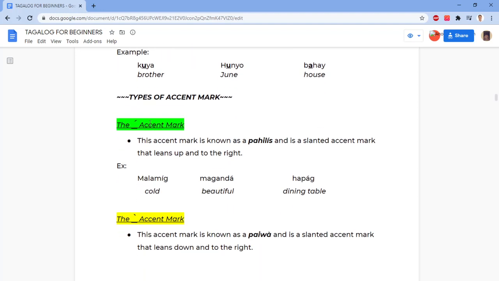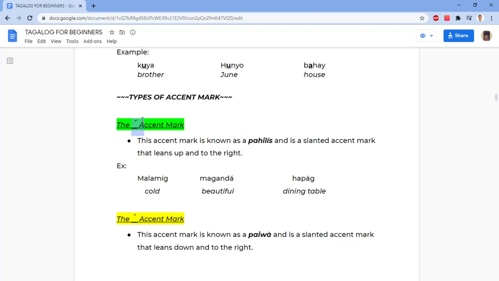Next are the types of accent marks. If you notice, there is one that leans forward to the right, rising up, unlike this other one, which leans downward.